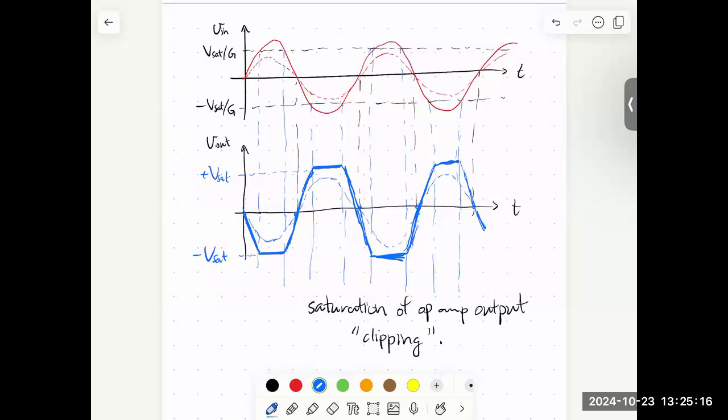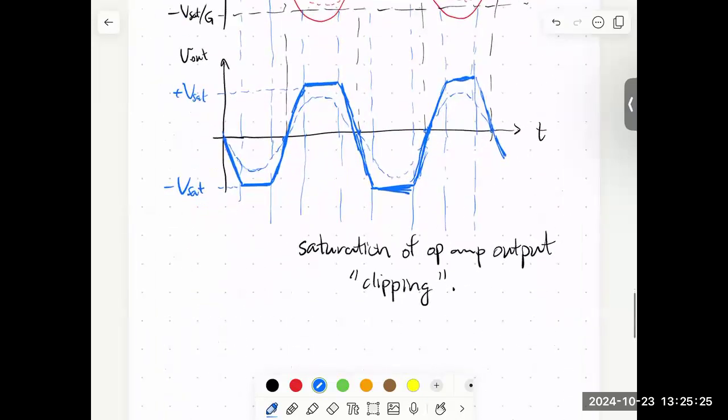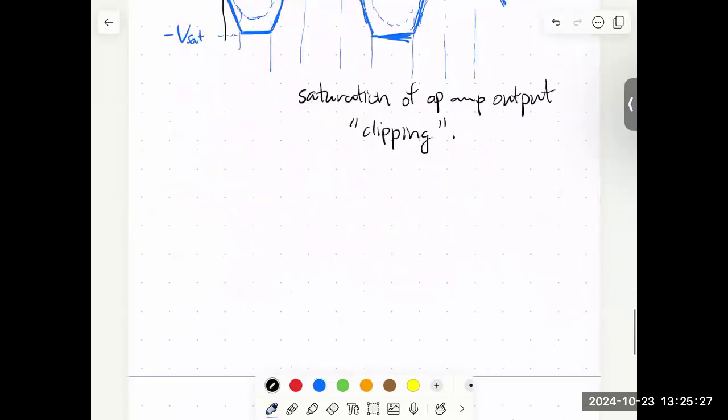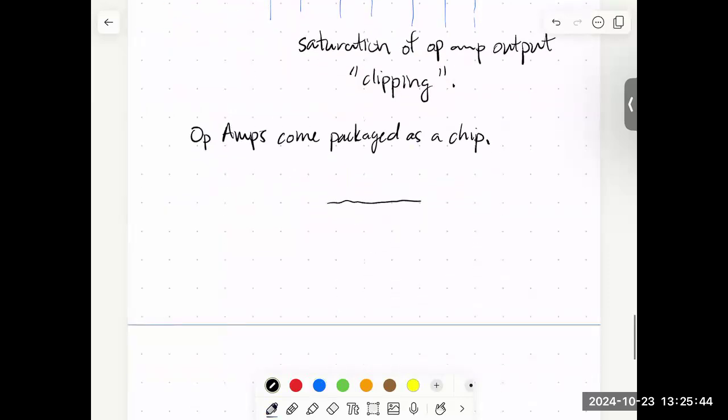All right. So the other thing I wanted to just discuss briefly today is the packaging of the op amps. Like, what do they physically look like when you use them? So op amps come packaged as a chip. So what does the chip look like? It just looks like a little chunk of black stuff.